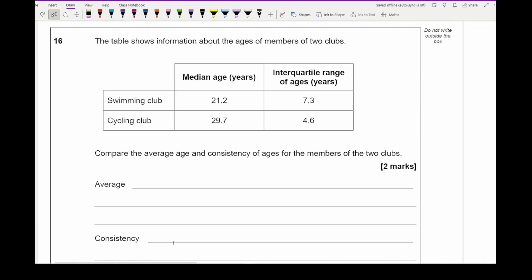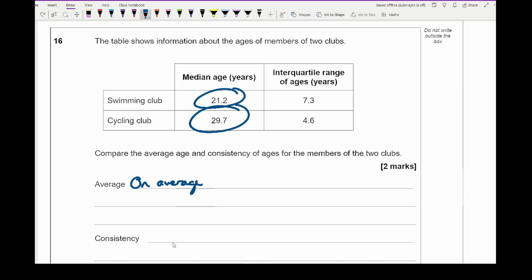Moving on to question 16, it says the table shows information about ages of members of 2 clubs. And it says compare the average age and the consistency of ages for the members of the 2 clubs. So looking at the average, what we want to compare are these 2 numbers here. So on average, you can write something along the lines, it could be the opposite, but as long as it implies the same, then that's fine.